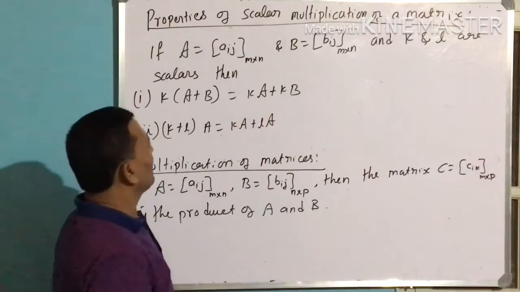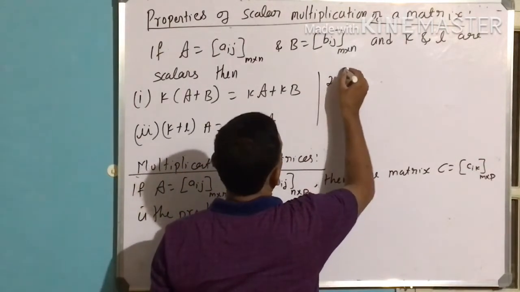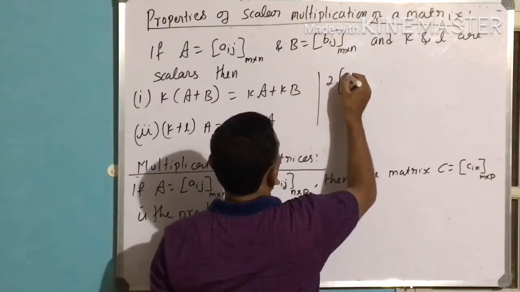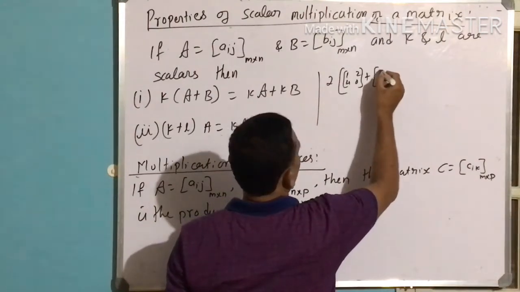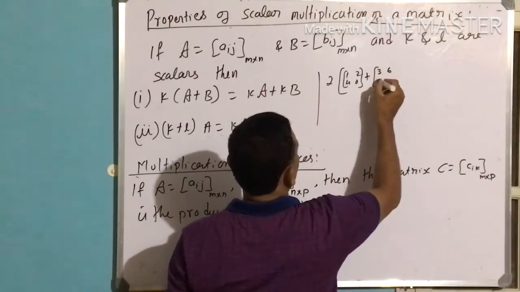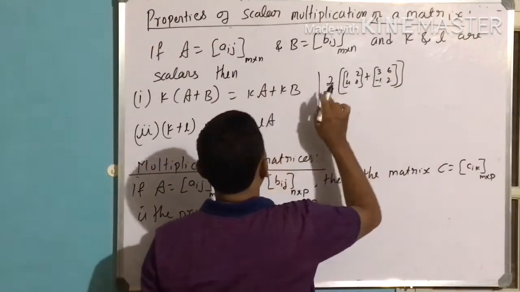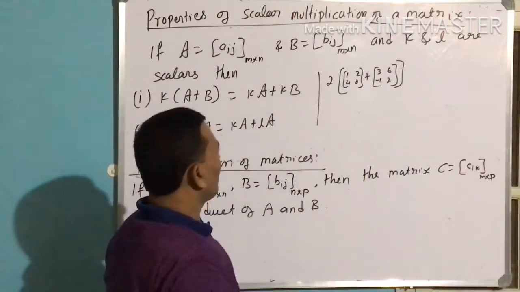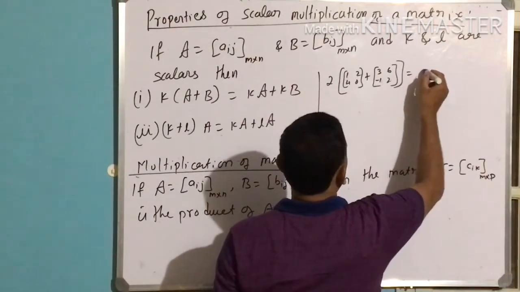You can see this with an example. Let us take 2 into the matrix A, 1 2 4 0, plus 3 6 minus 1 2. I will take this matrix as A, this as B, and 2 as a scalar. We can get the result in two ways.